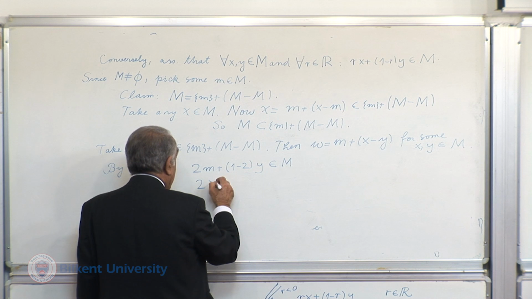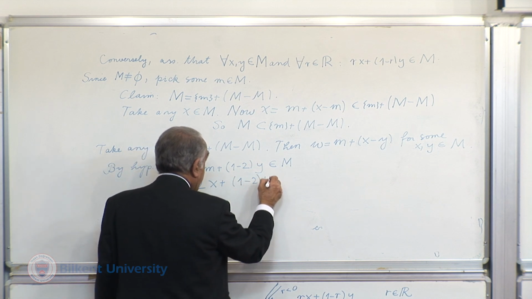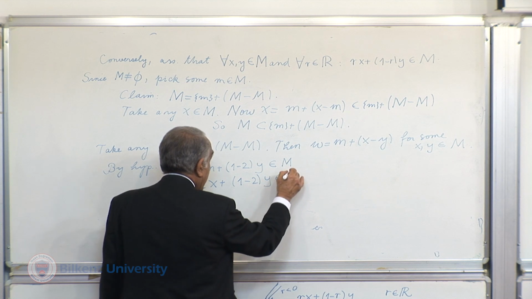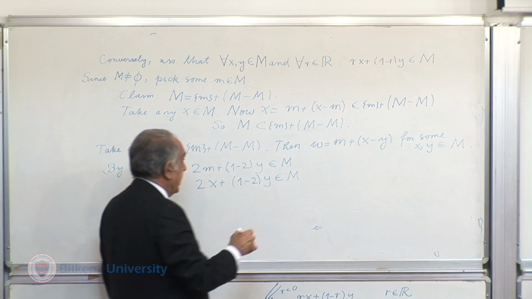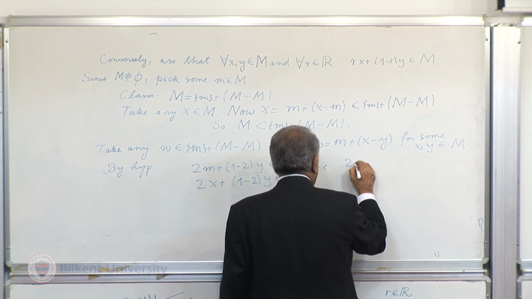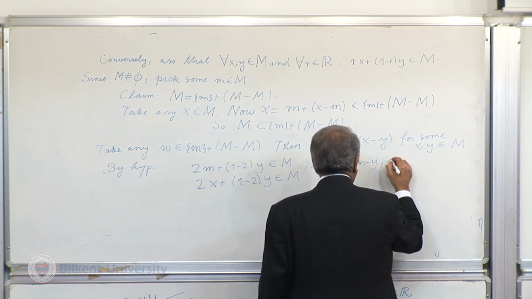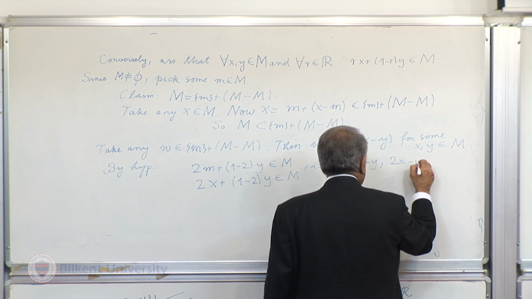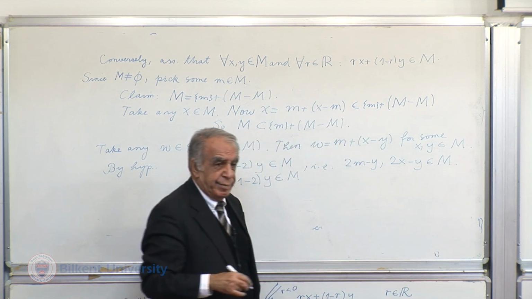Likewise, 2x plus 1 minus 2 y, that's in M. That is, 2m minus y and 2x minus y, they are both in M.